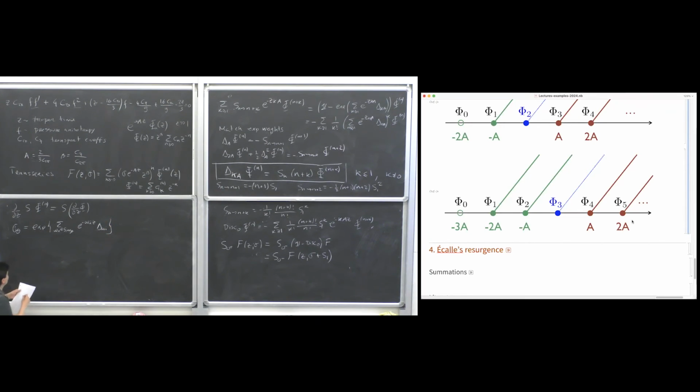This means that basically d/dz will commute with all these operators. Not these ones, because this depends on z, but because it commutes with the Stokes automorphisms, it commutes with that.